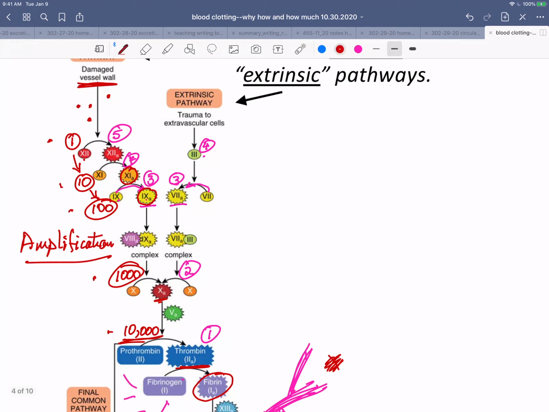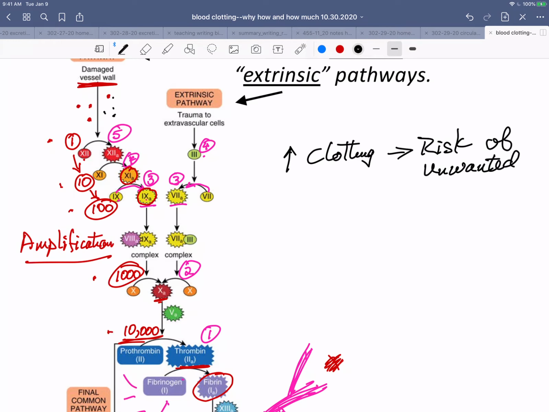Faster clotting with fewer molecules released to trigger it has a risk of unwanted clots. And that is a serious problem for humans. We can get bruising or other sorts of damage that causes clotting that we don't want, and then the clotting itself may be dangerous and even lethal.